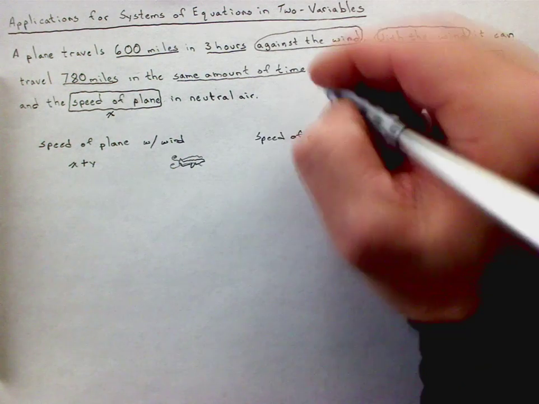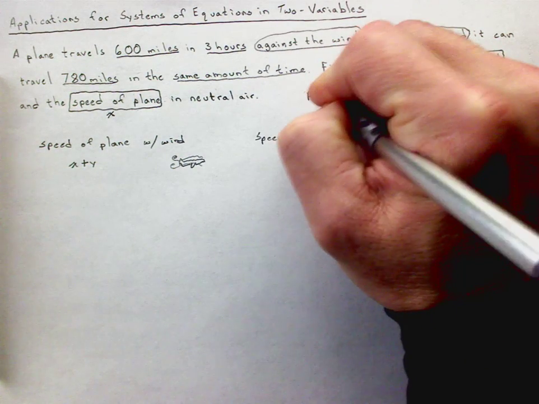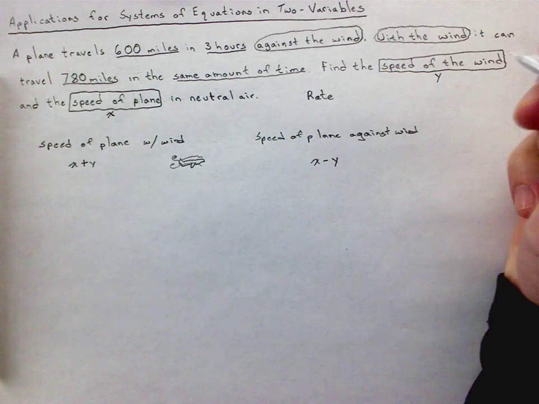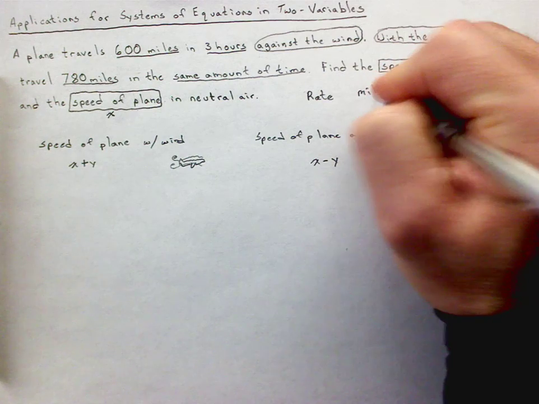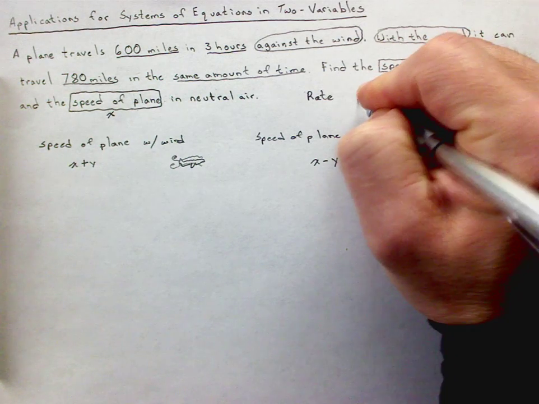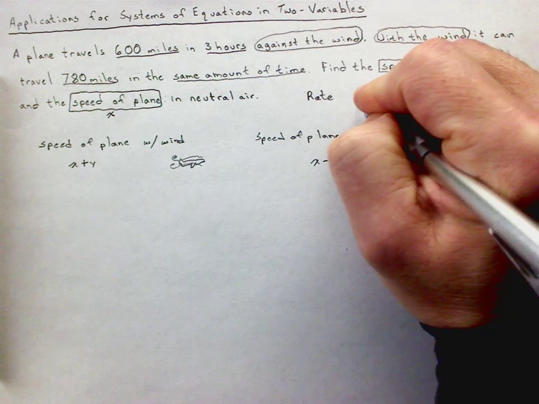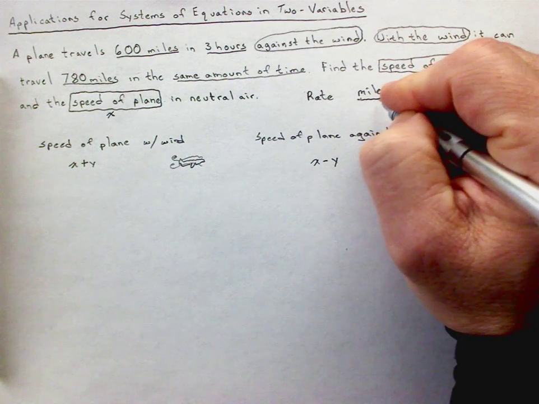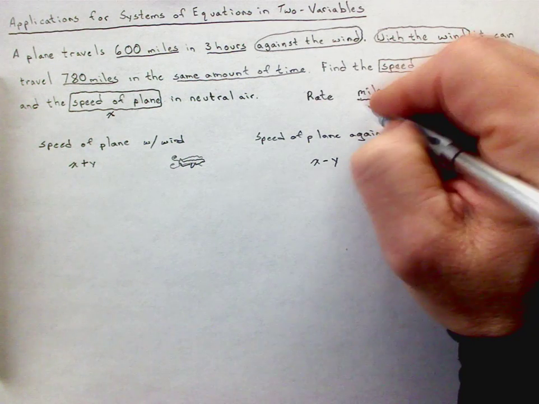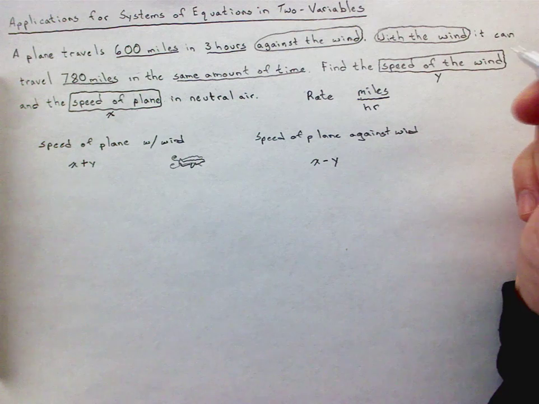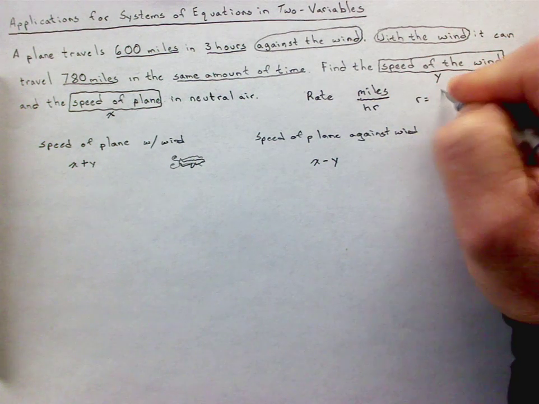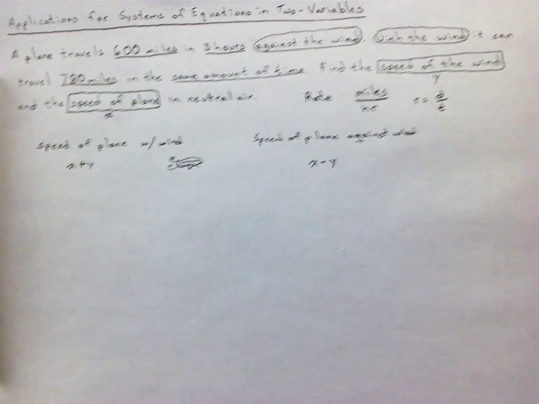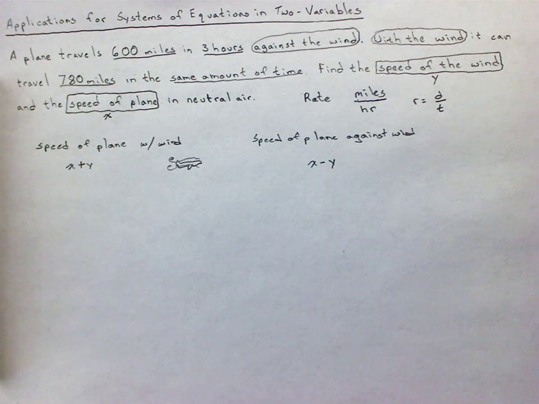I'll write that there. This is a rate, and what we're looking at is miles per, that's what the vinculum is, the line for a fraction, hour. So we have distance and time. The rate is distance divided by time.